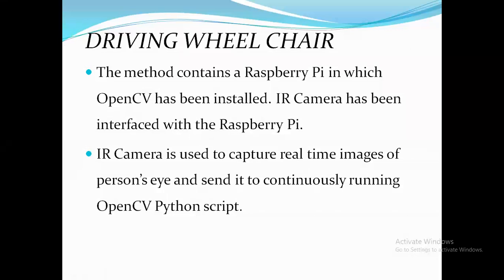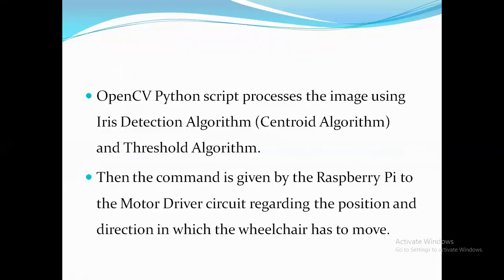It will be taking a snapshot of only the eye, and the algorithm does the rest. The OpenCV Python script processes an image using the iris detection algorithm, the centroid algorithm that we discussed, and the threshold algorithm. Then the command is given to the Raspberry Pi. The Raspberry Pi is the main computer that gives the command to the motor. We all know that a motor will be there.